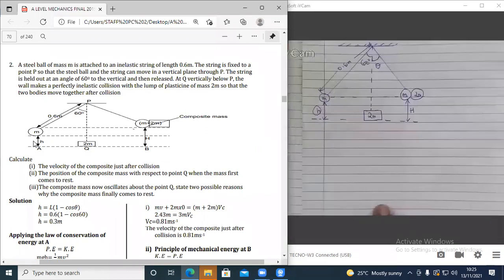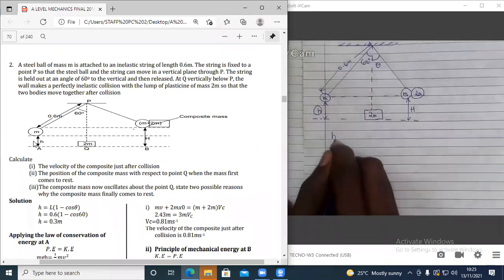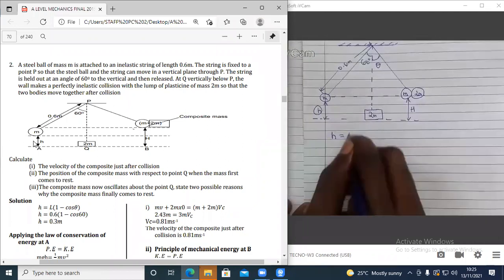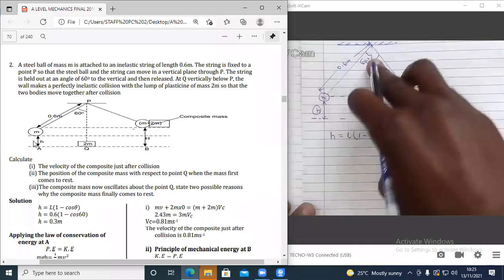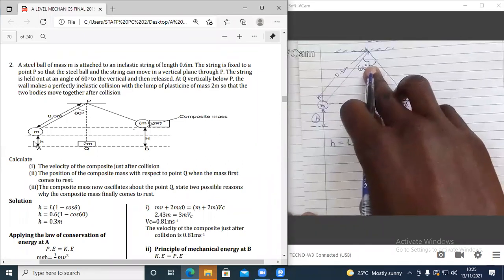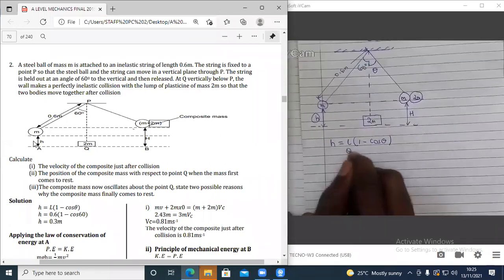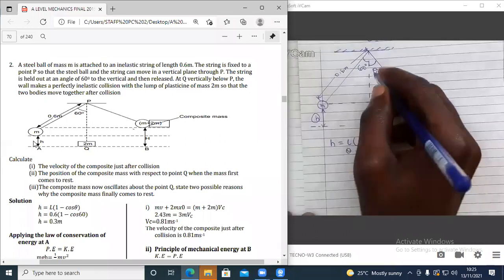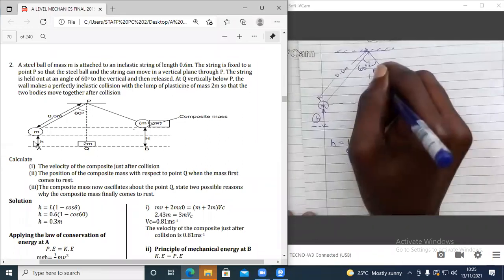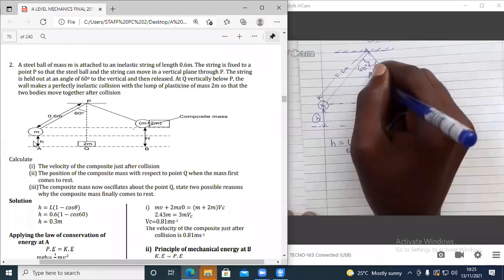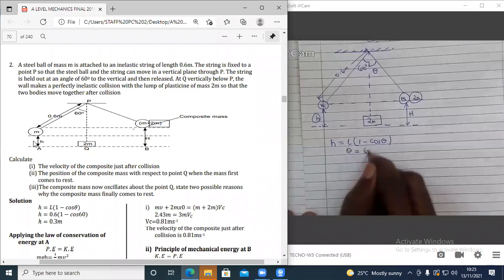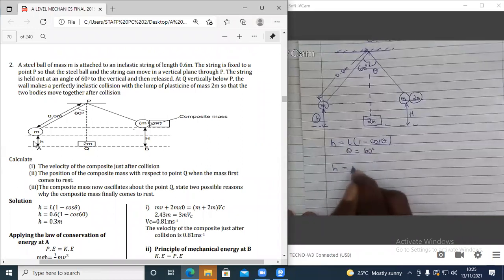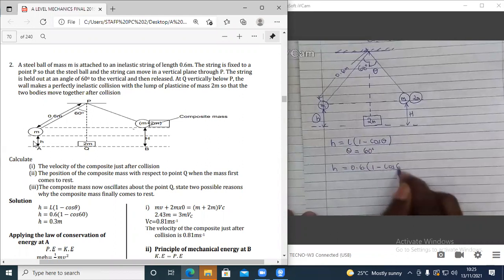How can we calculate that height h? We say that height h is given by the length L times 1 minus cos theta, where theta is the angle of suspension, which is 60 degrees. So h equals the length, which is 0.6, times 1 minus cos of 60 degrees.